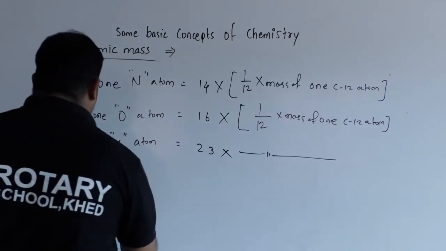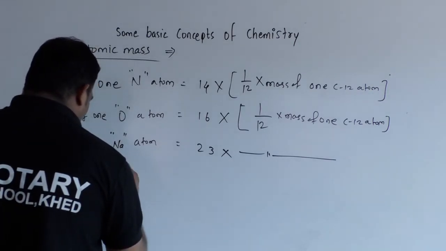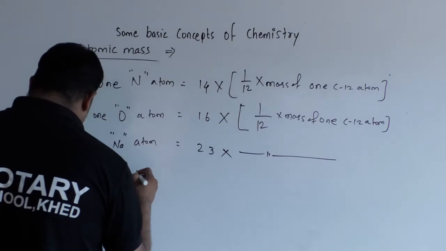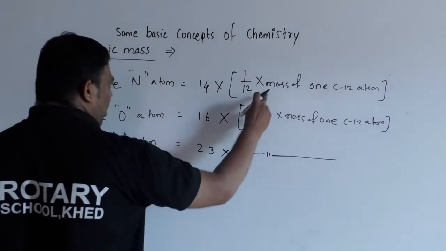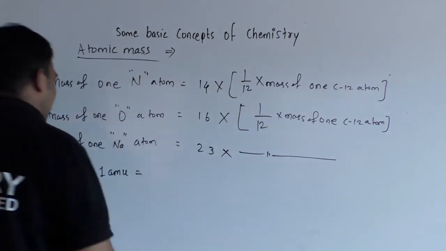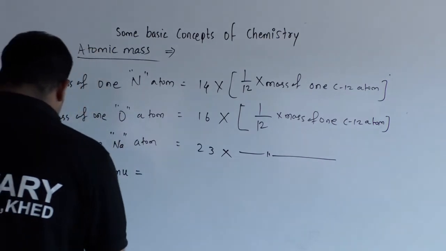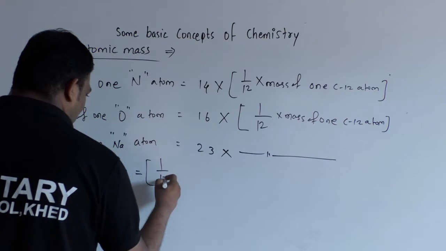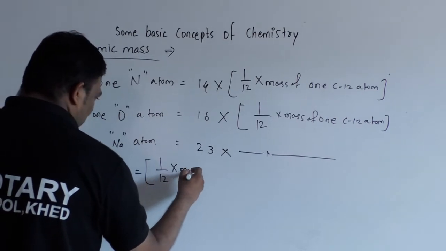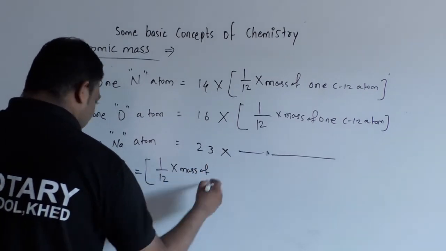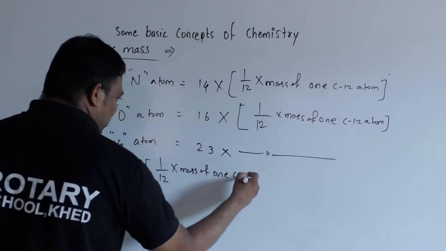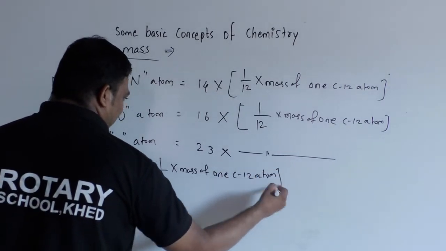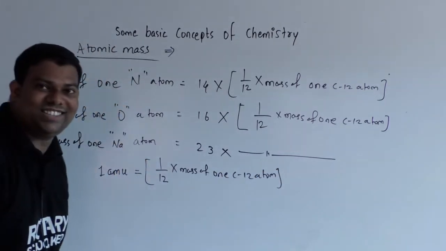Okay. 1 AMU. What do we call it? 1 AMU. So 1 AMU means what? 1/12 into the mass of one C12 atom. I hope you understood this thing.